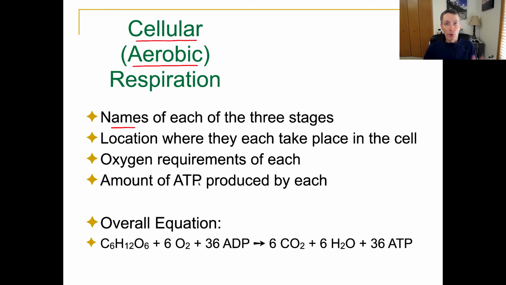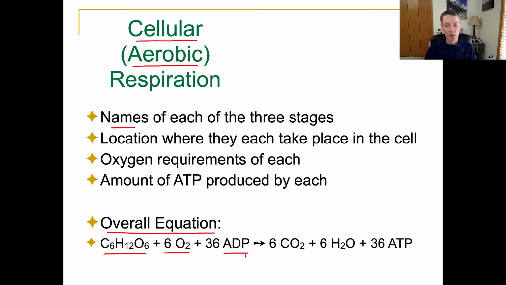As an overall, you would want to know the equation that you see at the bottom here. Glucose, this is representing glucose, plus the oxygen that we take in by breathing, and ADP molecules, the smaller molecule we're going to build up.